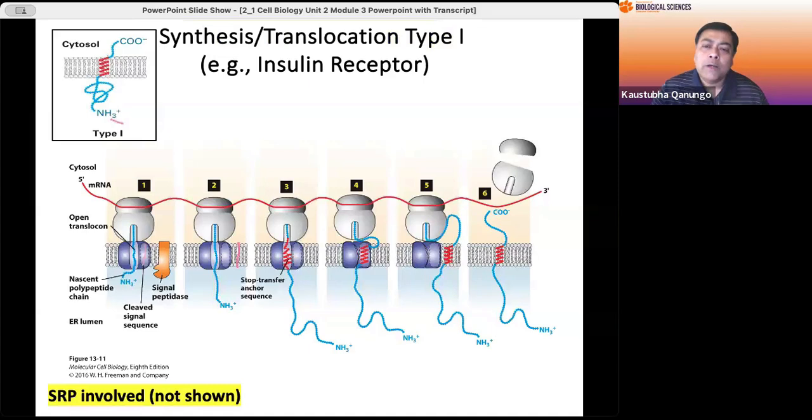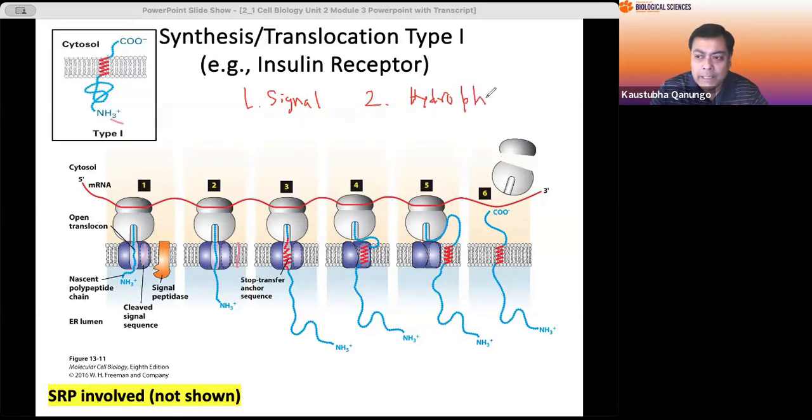And now what we will also introduce along with the signal sequence, we will see that there will be another thing that will come out. Number two, we will see hydrophobic sequences, hydrophobic internal sequences. I'm not writing signal or anything, hydrophobic internal sequences.